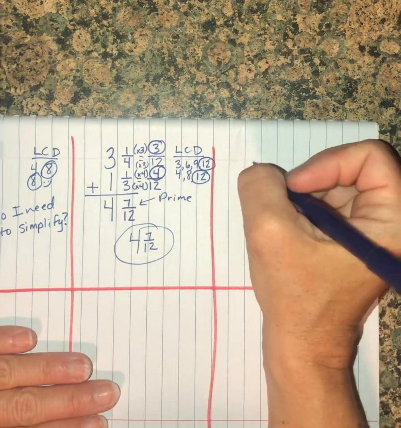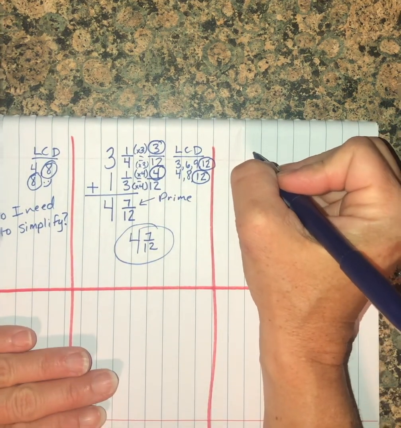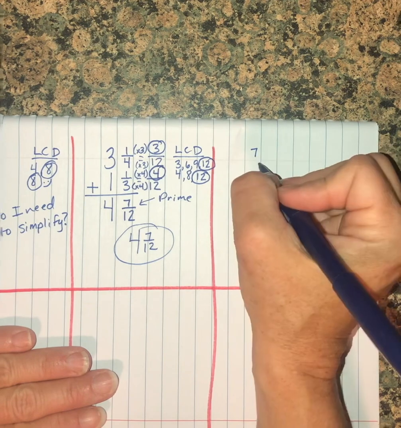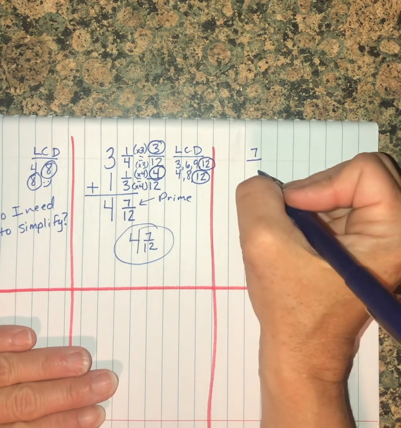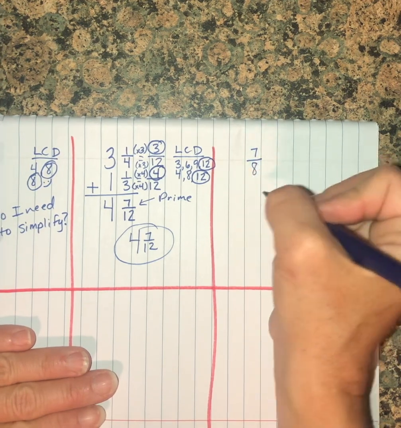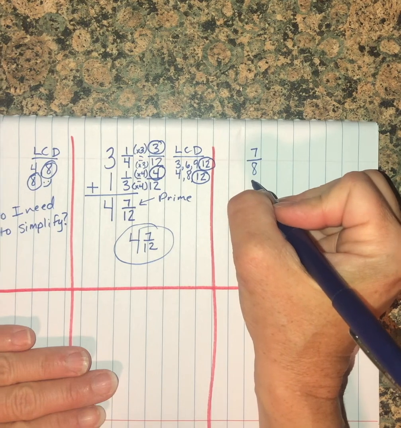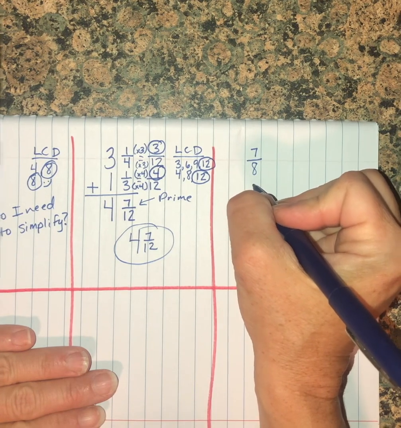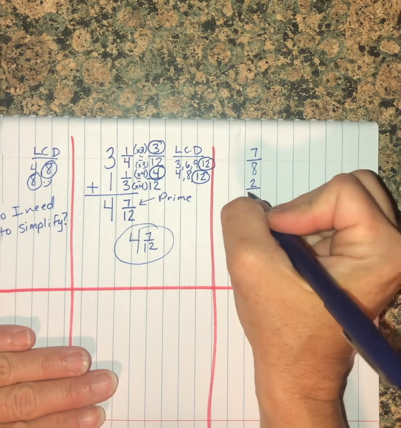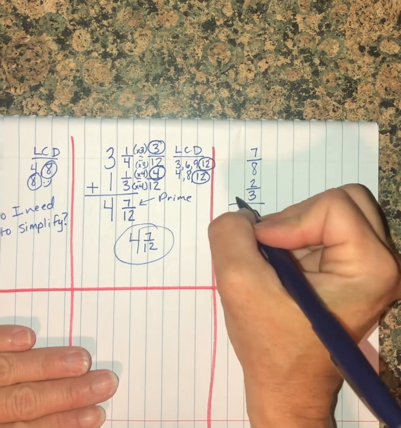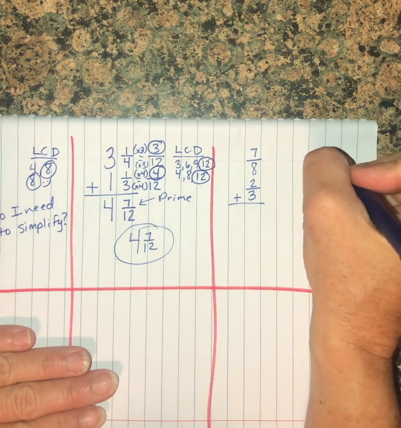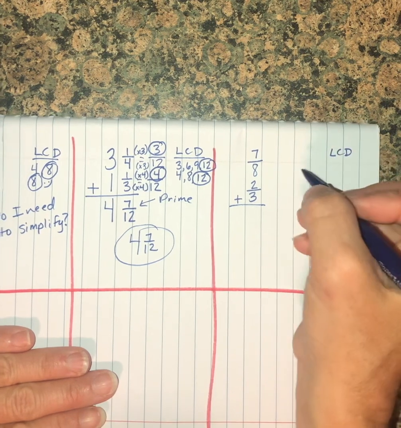On this next one, I'm going to use some wackier numbers, so don't panic. It's going to be fine. But what if I add 7/8 and 2/3? Well, least common denominator.